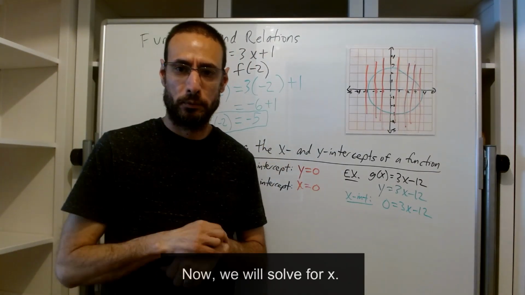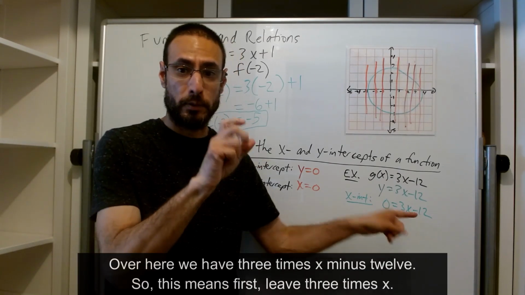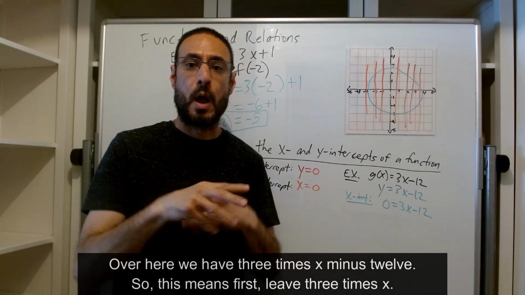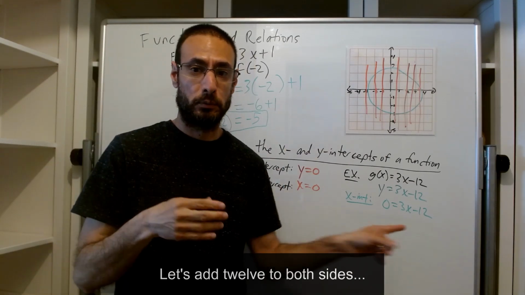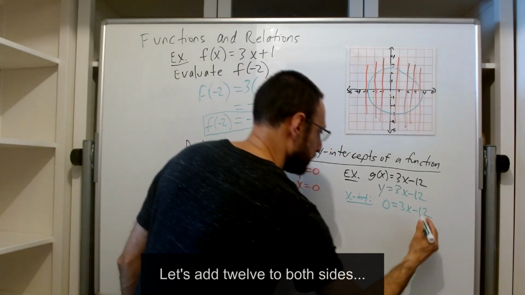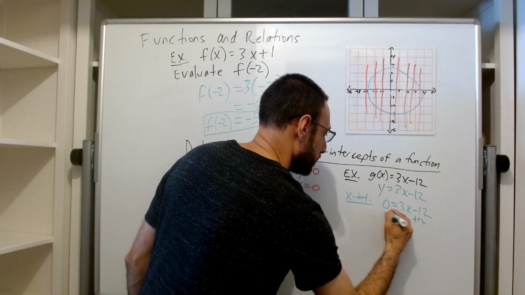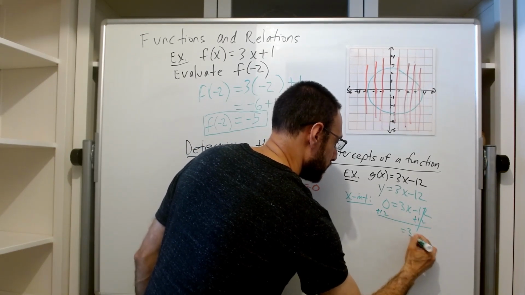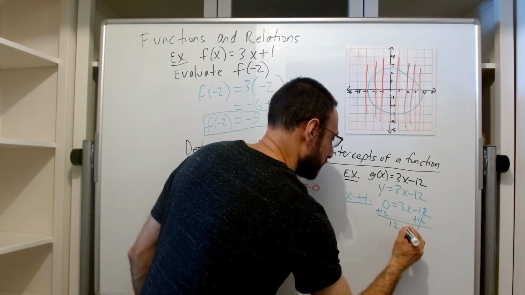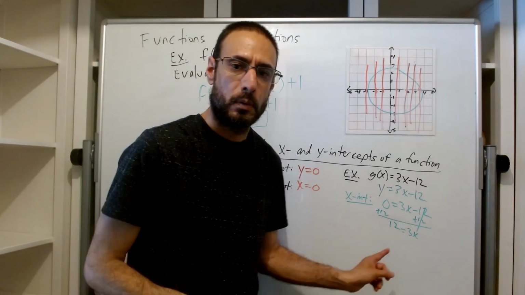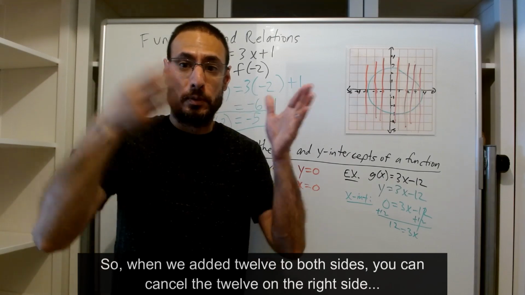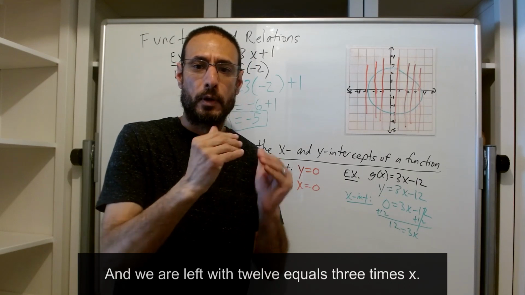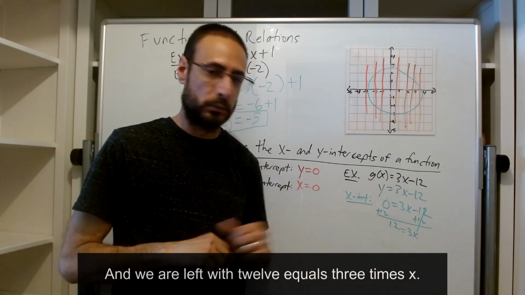Now, we will solve for x. Over here we have 3 times x minus 12. So, this means first, leave 3 times x. Let's add 12 to both sides. So, when we added 12 to both sides, you can cancel the 12 on the right side. And we are left with 12 equals 3 times x.